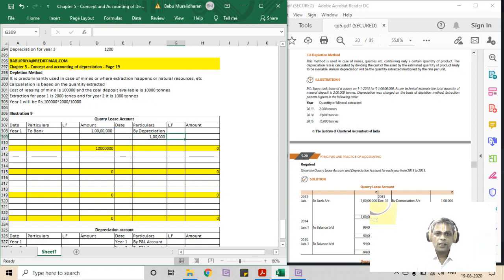So depreciation for year 1 will be 1 lakh. So the balance carried down is 1 crore minus 1 lakh. That's 99 lakhs, right? Then the beginning balance brought down is equal to 99 lakhs. This is the balance brought down.